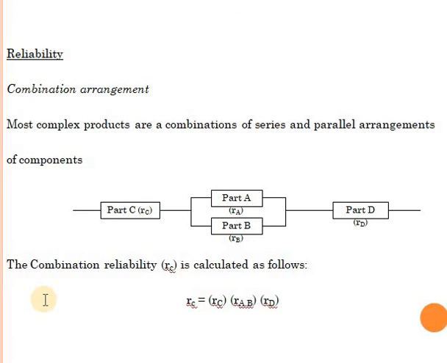It's going to be the reliability of C times the reliability of AB times the reliability of D.